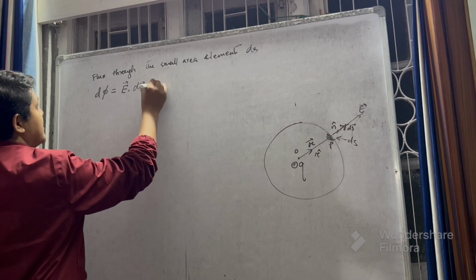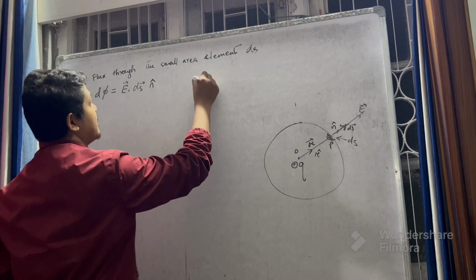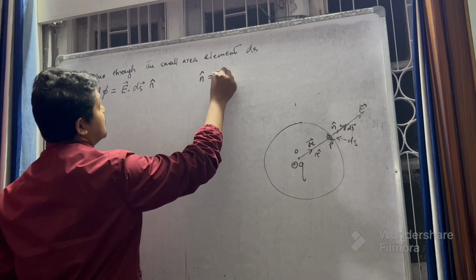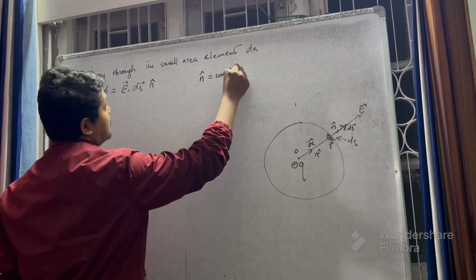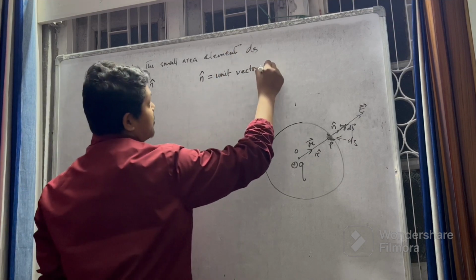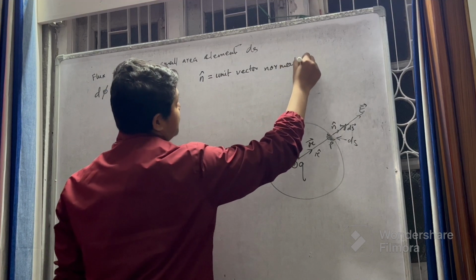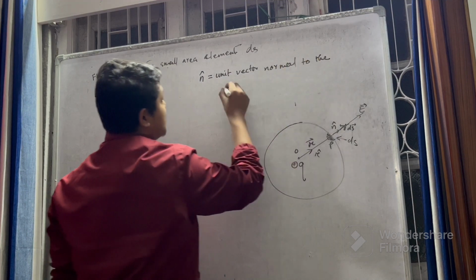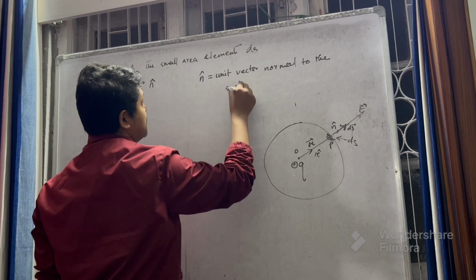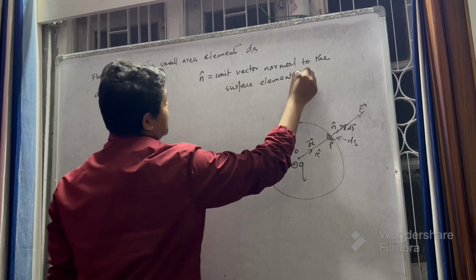and direction is along n cap. N cap is the unit vector normal to the surface element ds.